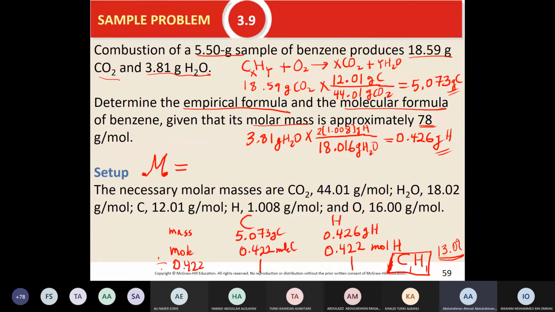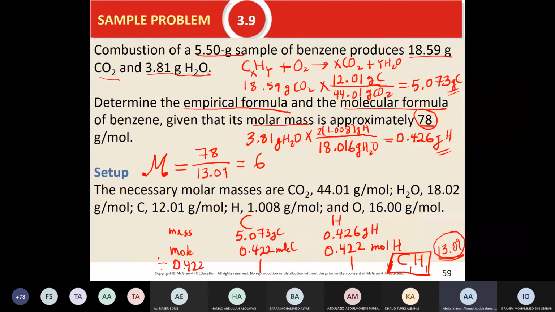So you take the molar mass that I gave you, 78, divided by the molar mass of the empirical formula, 13.09. And what's the answer? 6.